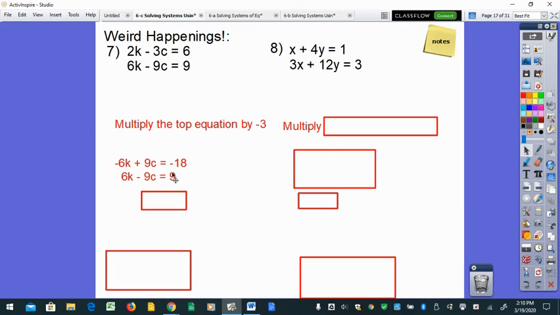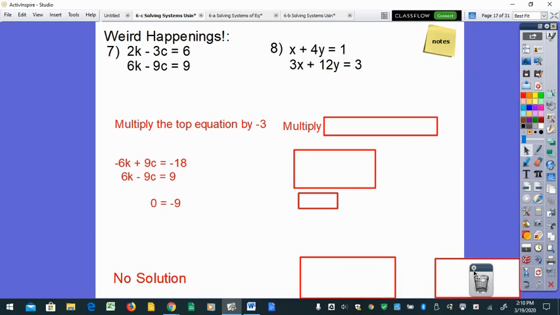And when I add down, both variables eliminate, and I get that weirdness, which we know from our talk on substitution means that there is no solution. And if we had graphed those, the lines would be parallel.